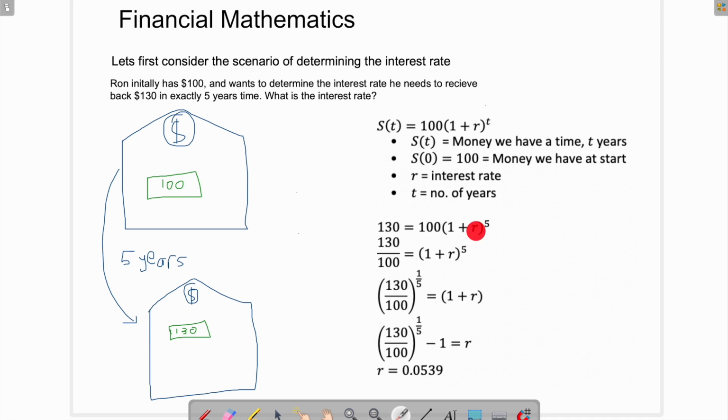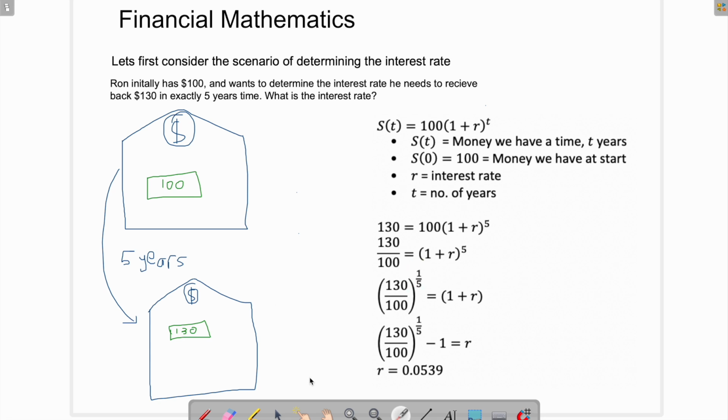So what do we want to do to get it in terms of R? We want to make R by itself. First, we divide 130 by 100 on each side. The hundreds cancel out, so we have 130 on 100, which is equal to 1 plus R to the power of 5. If we have a 5 here and we want to get rid of it, what we do is flip this power to the other side, but we do 1 over 5.